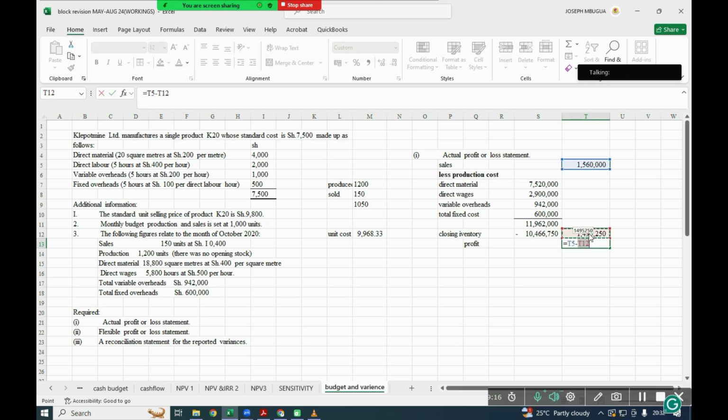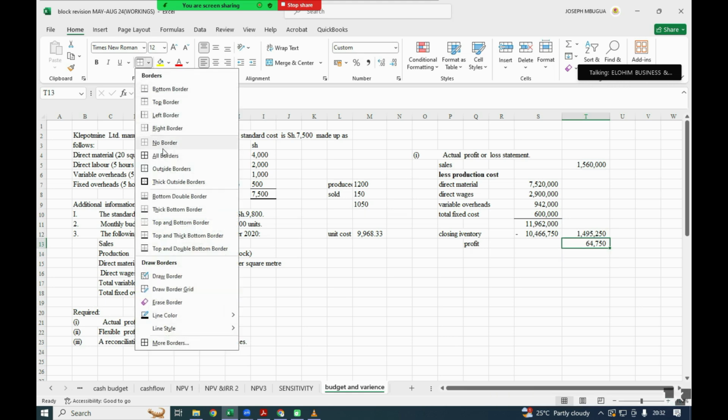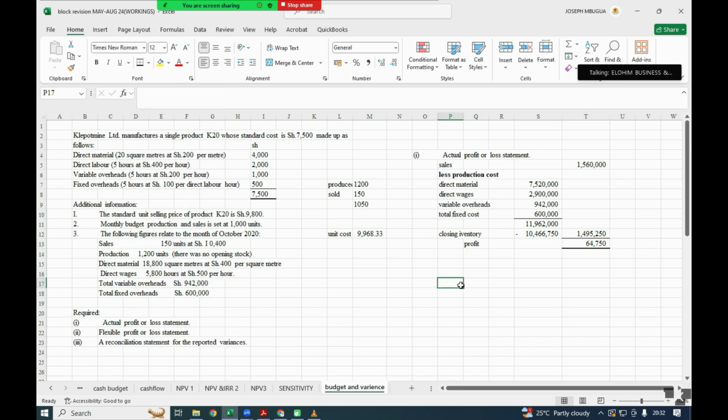So that means our profit will be the actual profit, supposed to be that value, 64,750, our profit for that matter. And that is how the first part was supposed to be done.